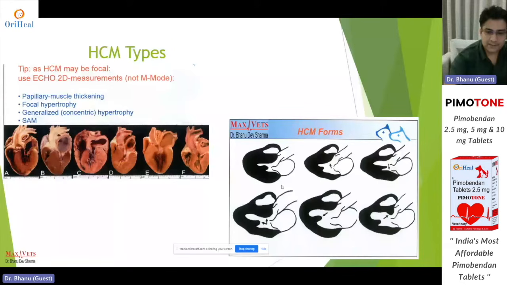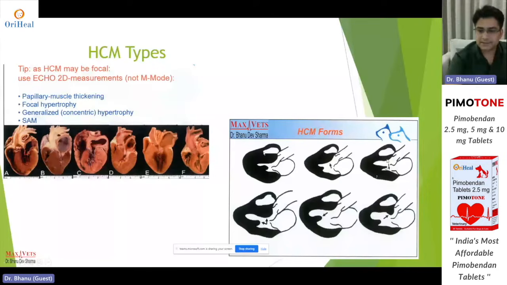In this diagram, you can appreciate the various forms. Where the cursor is here, only the IV septum is thickened. The left ventricular free wall here appears to be normal. Over here in this diagram, the left ventricular free wall is thickened, whereas the IV septum appears to be normal.